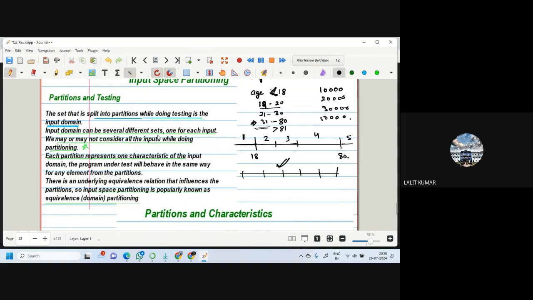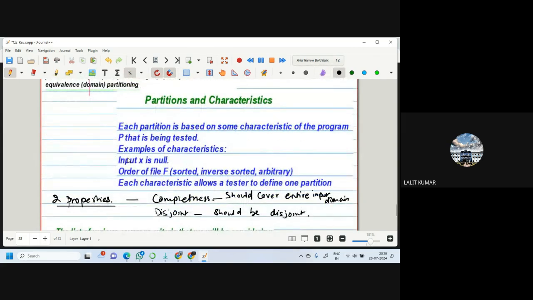Input domain can be several different sets, one for each input. When we have different characteristics, we may or may not consider all the inputs while doing partitioning. Each partition represents one characteristic of the input domain. Each partition is based on some characteristics. What do we mean by characteristics?